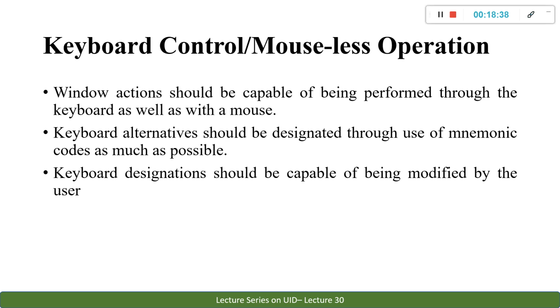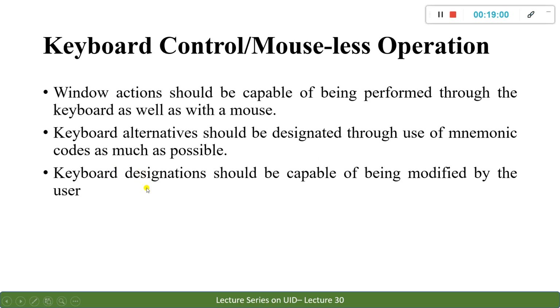Like you are making use of Alt, Control, Shift, or Tab, that kind of thing. And using the mnemonics present on your keyboard, the documentation of that also must be done using the same mnemonics. Okay, so keyboard designations should be capable of being modified by the user.